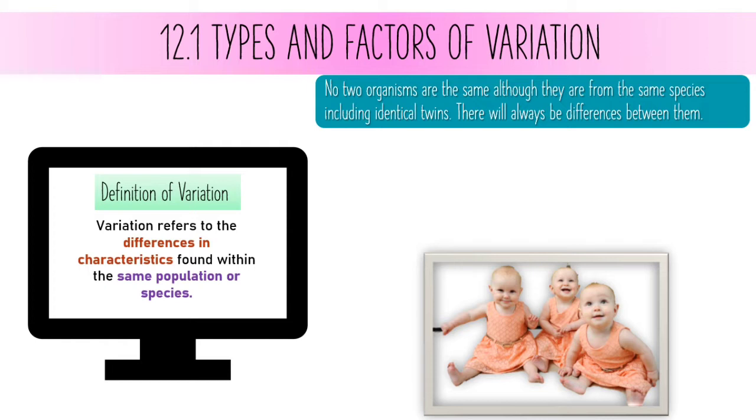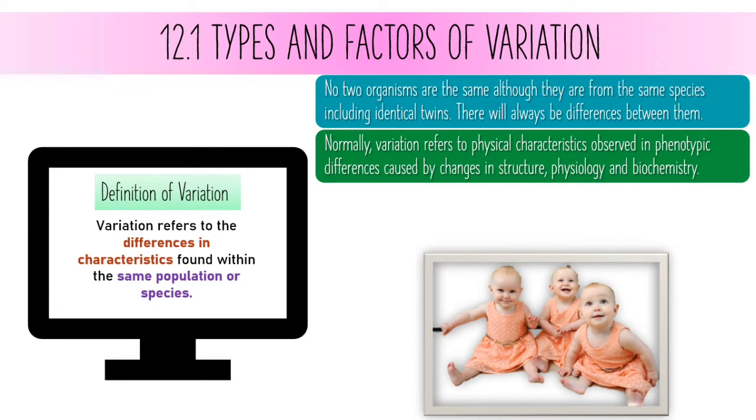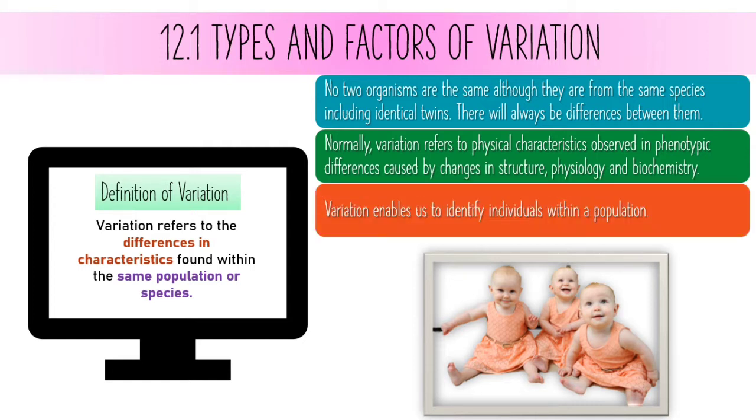There will always be differences between them. Normally, variation refers to physical characteristics observed in phenotypic differences caused by changes in structure, physiology, and biochemistry. Variation enables us to identify individuals within a population.